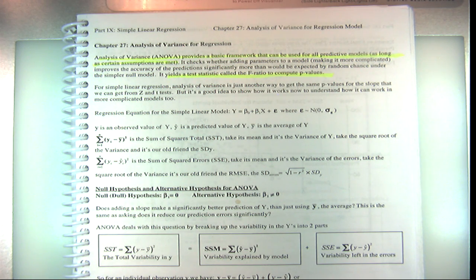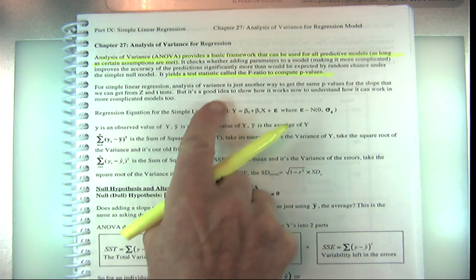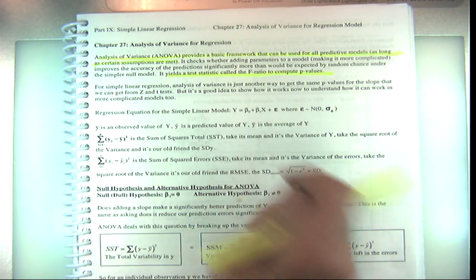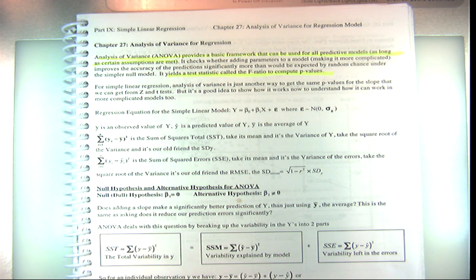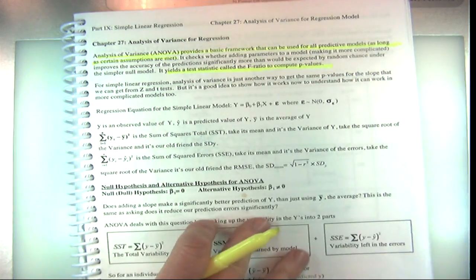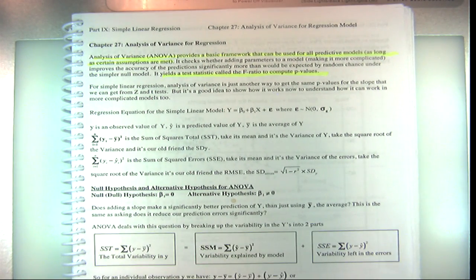In fact, we're going to use an F statistic, which as n gets large is the same as a chi-squared statistic. When n is large enough, they'll be the same. They bear the same relation as z and t. So we're going to bring back the chi-squared statistic, and it'll be a lot of fun. We're going to tie a lot of things together. But first, let's figure out what's going on here.